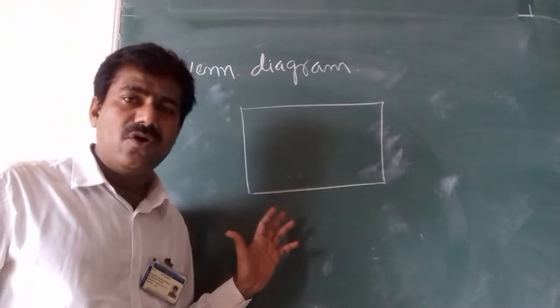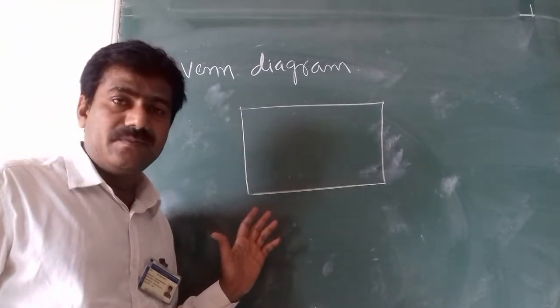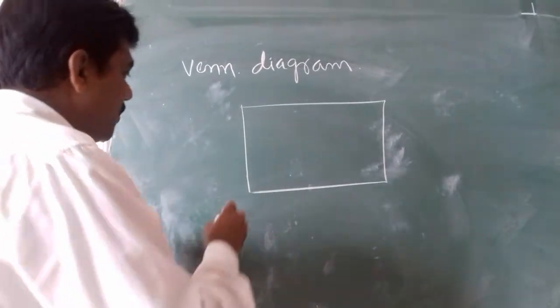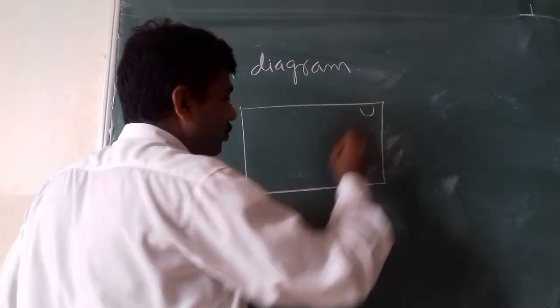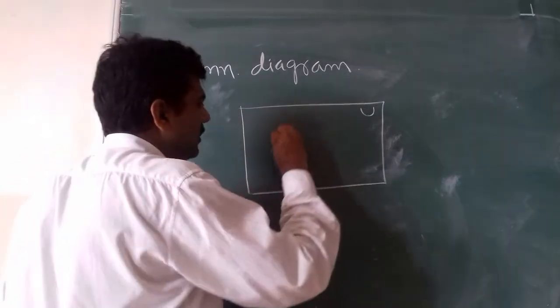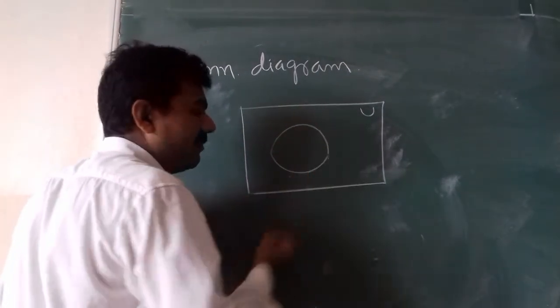A Venn diagram is a pictorial depiction of set operations, where a rectangle represents the universal set and a circle represents any arbitrary set.